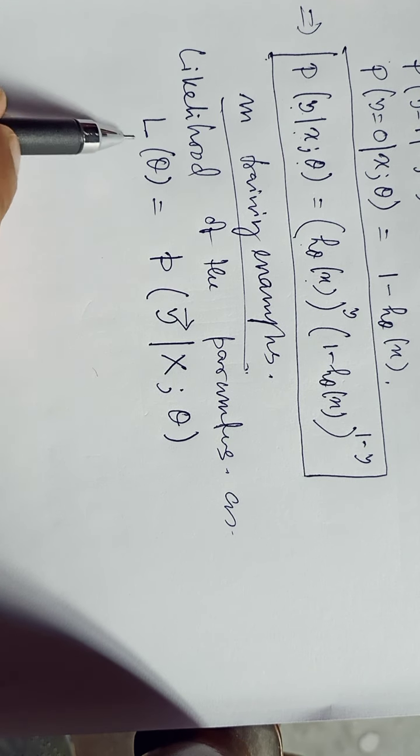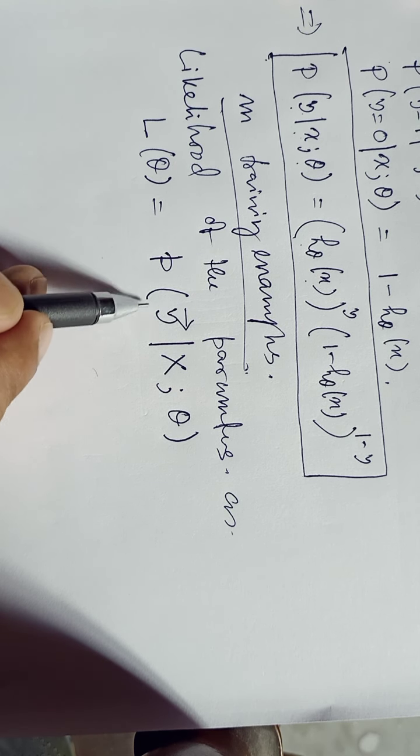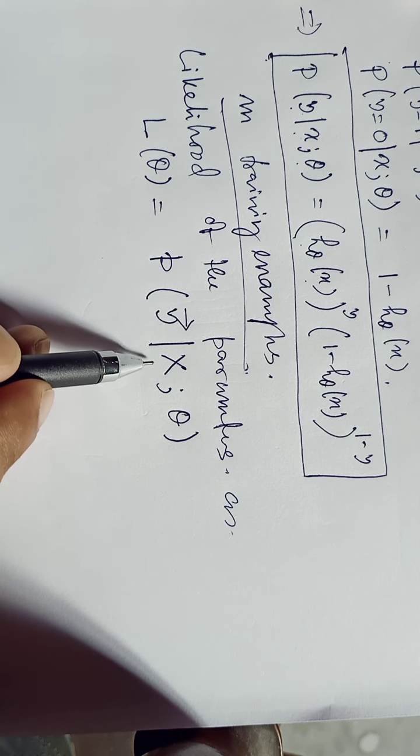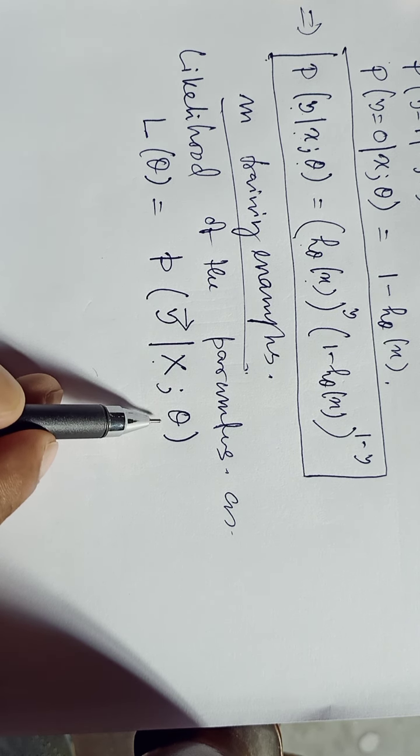So our likelihood function is the probability of the whole y vector for a given set of data x, where all the x are parameterized on theta.